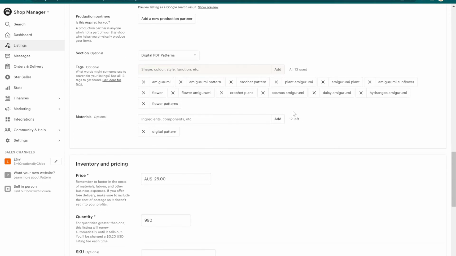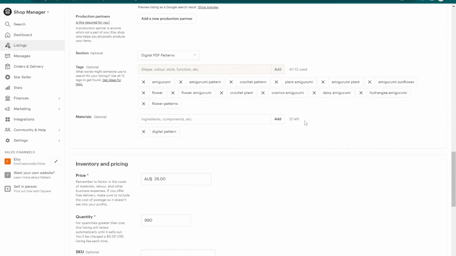Same goes for materials. I didn't use all 13 tags here only because this is a digital pattern and I don't want to confuse my customers, because if I start adding all the other materials, I'm worried that they may think that it's a physical toy. But again, that's completely up to you. You can definitely use all 12 tags, and that may actually help you with your SEOs as well.